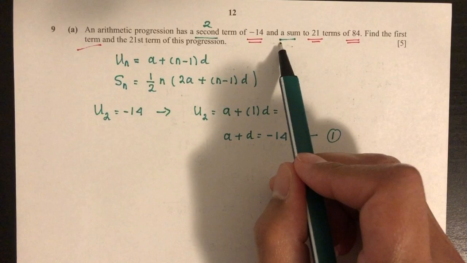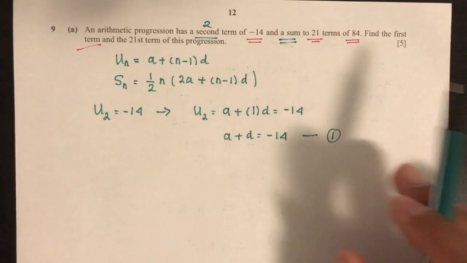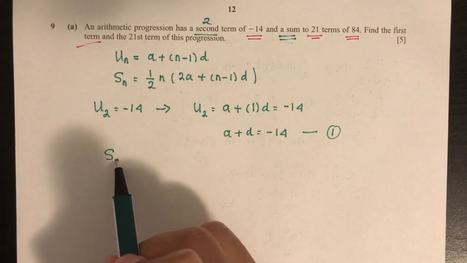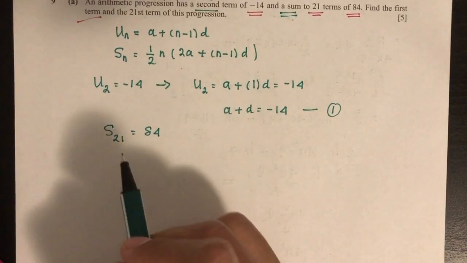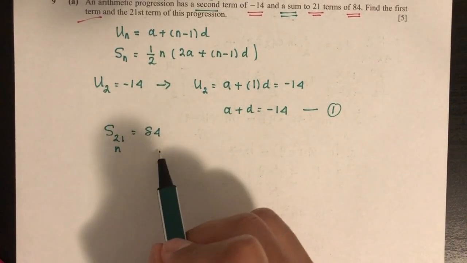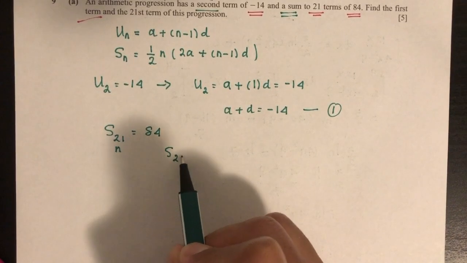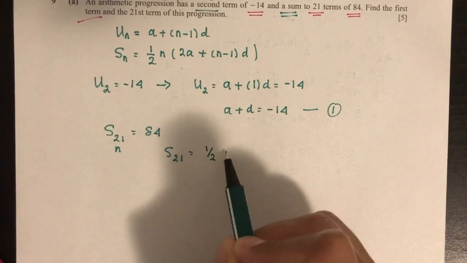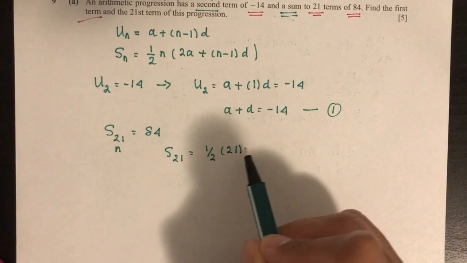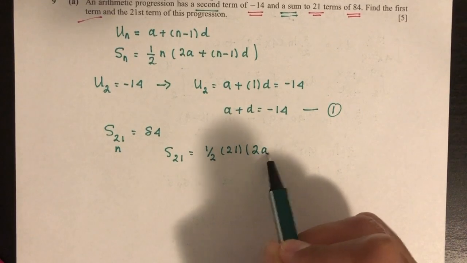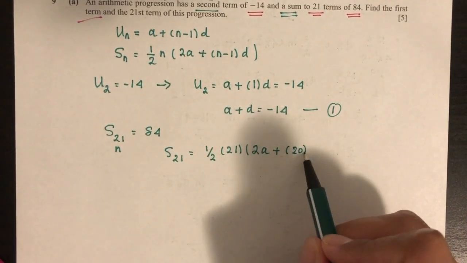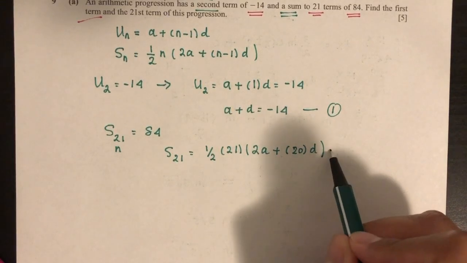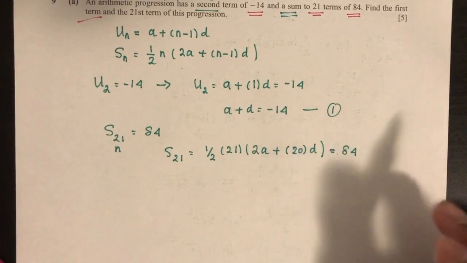Now we have to use this one. The sum to 21 terms is 84. Same thing again, this is the value of n. So the sum of 21 terms will be half of n, which is 21, times 2a plus n minus 1, that is 20, times d, equal to 84.